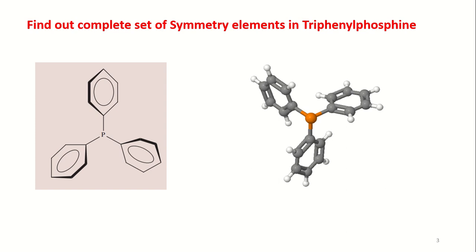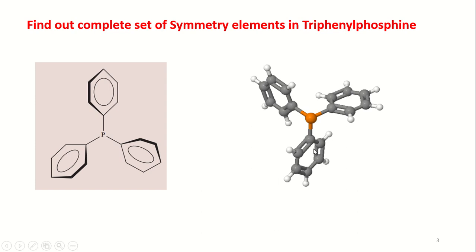We have already observed that the BCl3 molecule was planar, and all the chlorine atoms were on the same plane. So we can write so many types of sigmas and Sn rotations, Cn rotations, as well as multiple types of proper rotations that we also studied in BCl3.